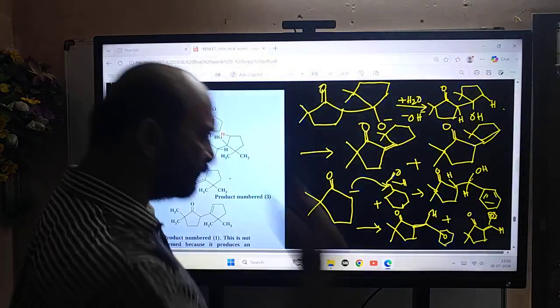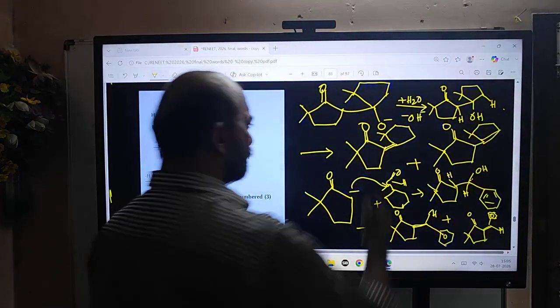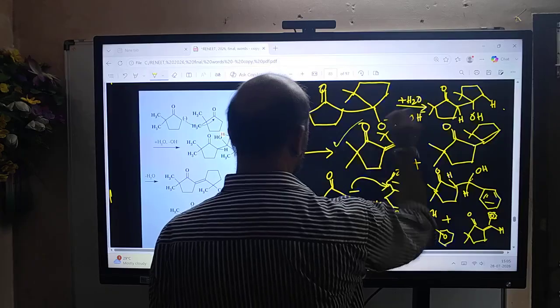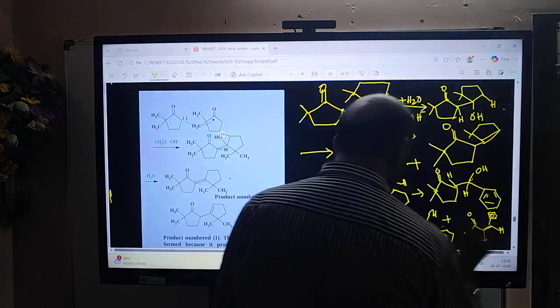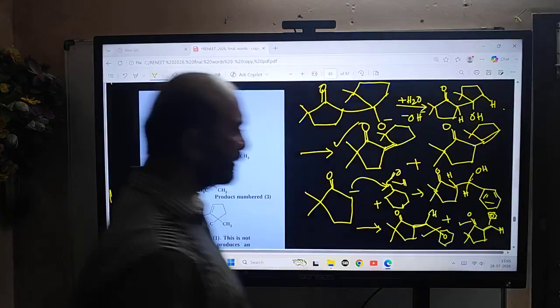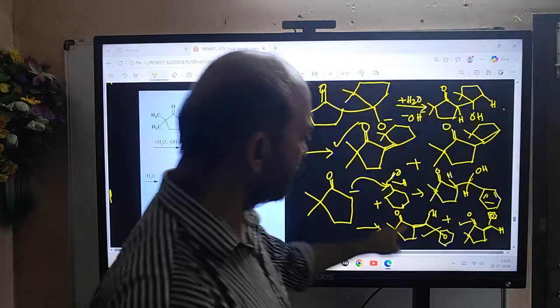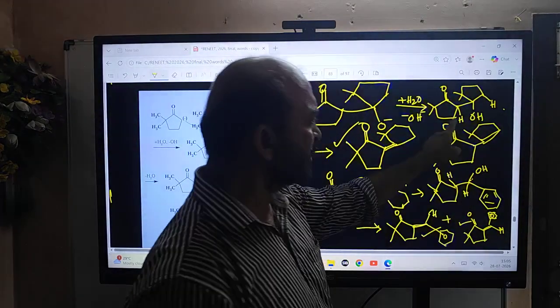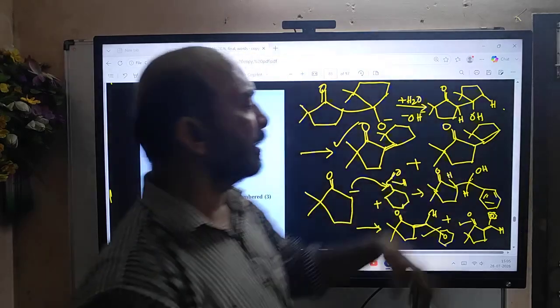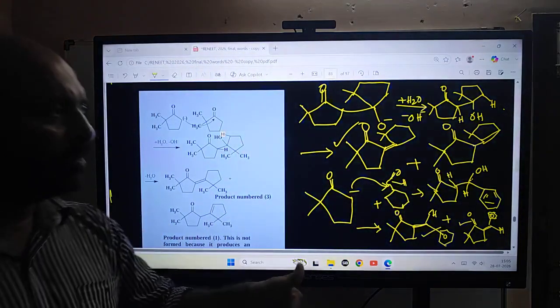So which are the products formed? Formed products are this, and this. These three are formed: 1, 2 and 3. That which is not formed is this. And why is it not formed?